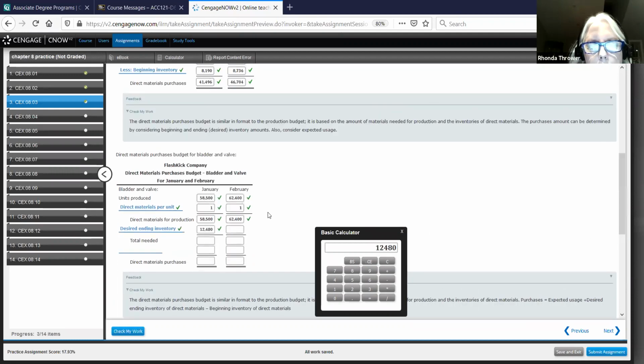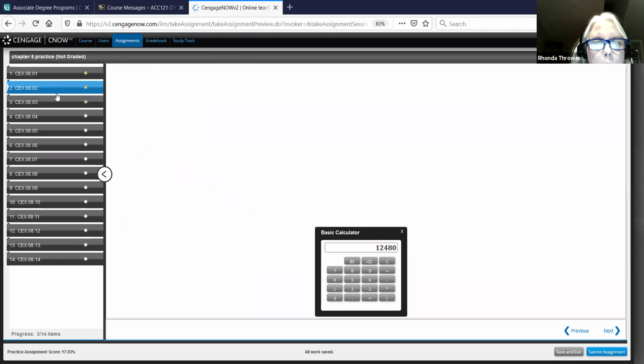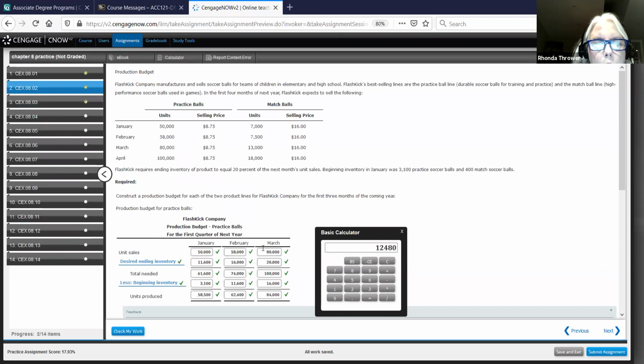And then we don't have March out here, but if you go back to problem 8.2, you can see that the production budget for March is 84,000.